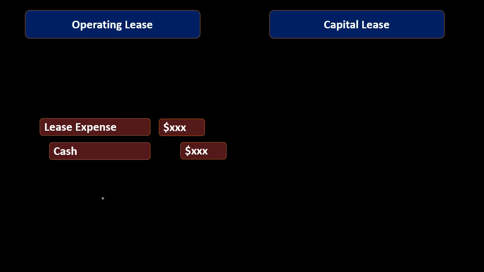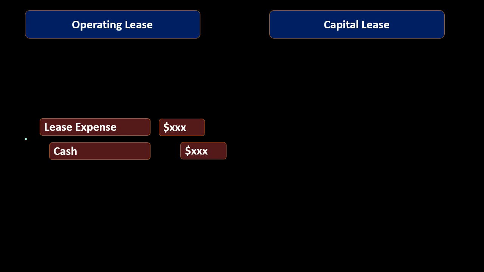However, it's possible to have a substance over form type of lease situation, in which case the lease could be set up as if it's a lease, meaning we're going to set up these lease payments. However, in actuality, for all practical purposes, it's pretty much the same as if we purchased it.